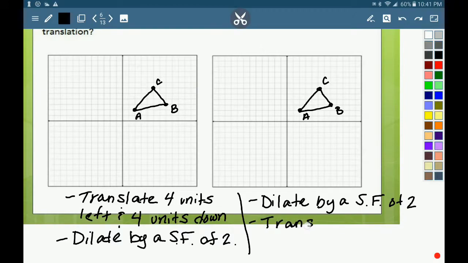And it's going to be the same translation. 4 units left and 4 units down. So when you do both of these transformations, all I want to know is, did the image land in the same spot for both of these graphs?